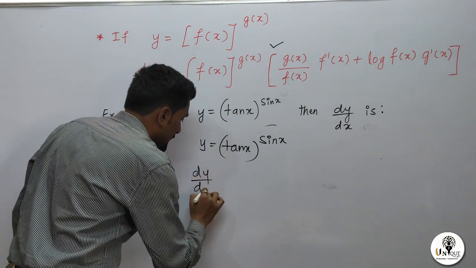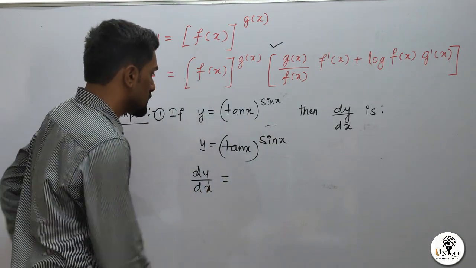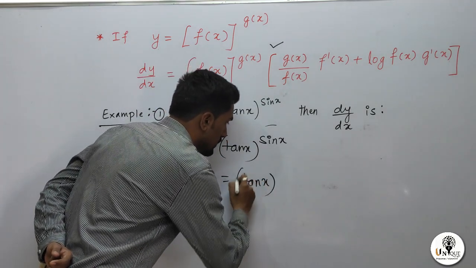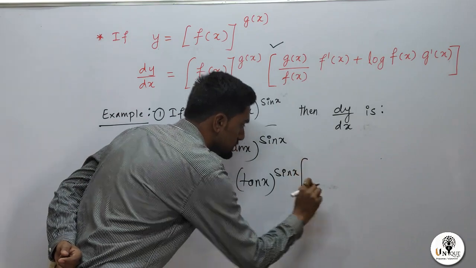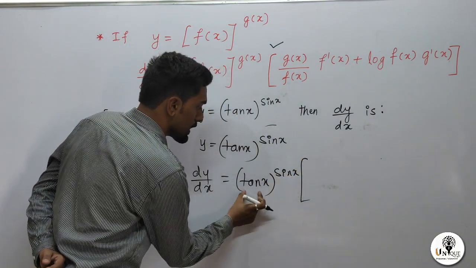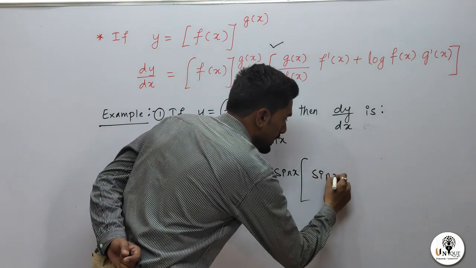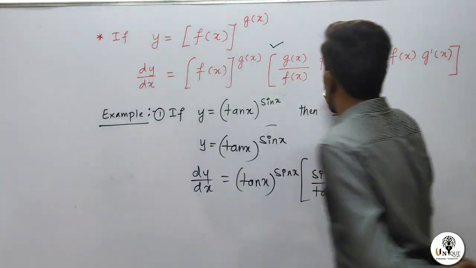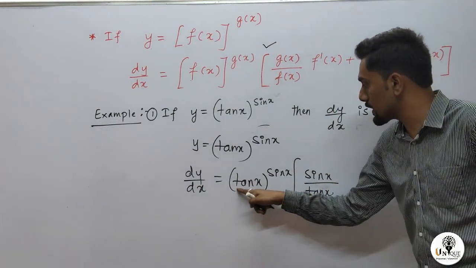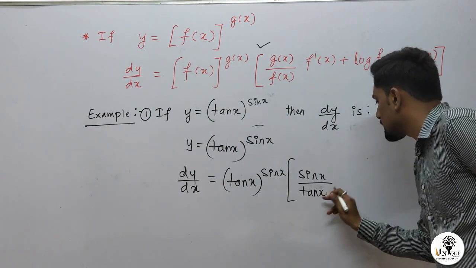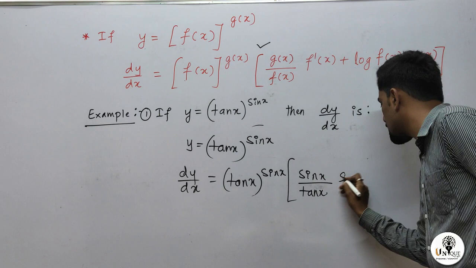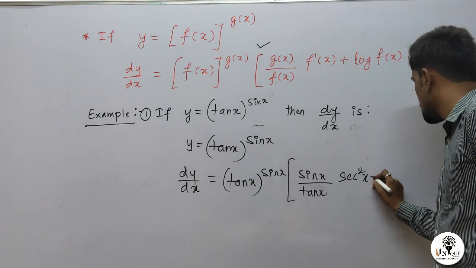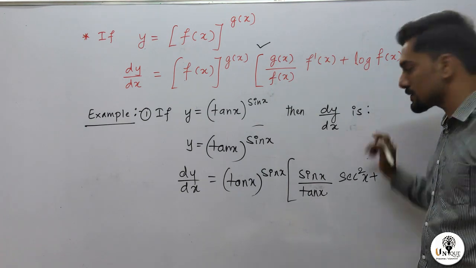To find dy by dx, what do I need to do? I have to write the given function as it is, that is tan x to the power sin x as it is inside the bracket, the power divided by the base, that is sin x divided by tan x, into f dash of x, that is the differentiation of tan x, that is secant square x, plus log of f of x.